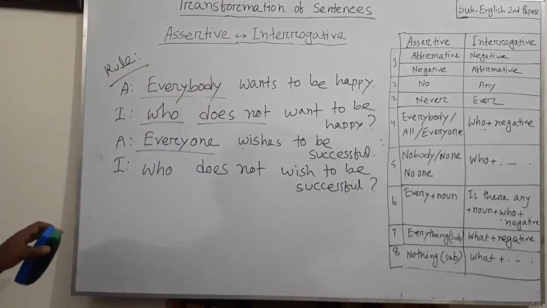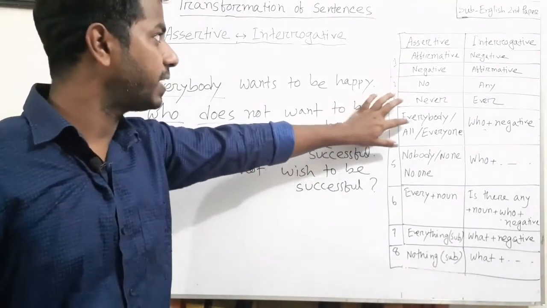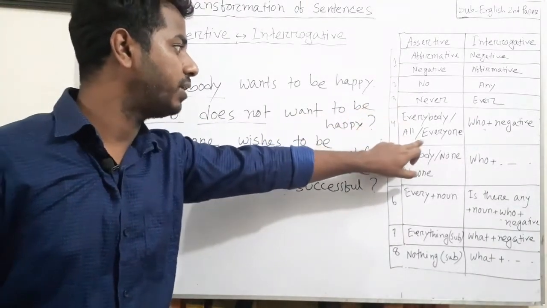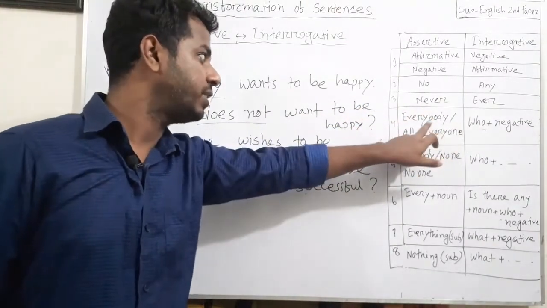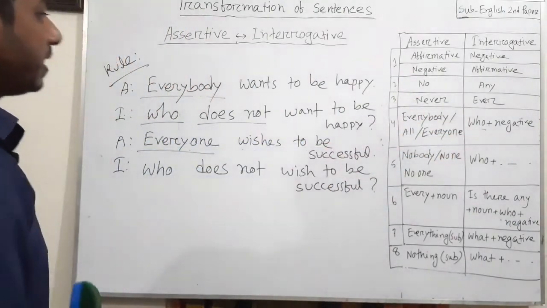Question mark. Okay, so dear learners, in rule 4 we have seen that in an assertive sentence, where there is everybody, all, or everyone, there will be who instead of these words in the interrogative sentence, and the sentence will be in negative form.